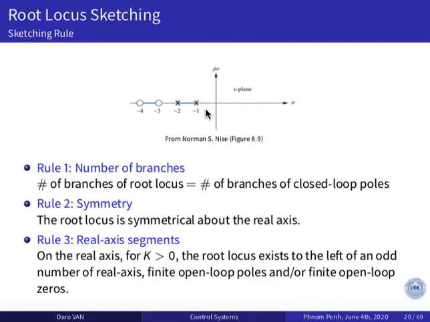So the root locus exists to the left of an odd number. For example, you can label 1, 2, 3, 4, and then this is an odd number to the left, I mean in this interval. This is 1, 2, 3, an odd number to the left. So it exists in this interval and this interval.